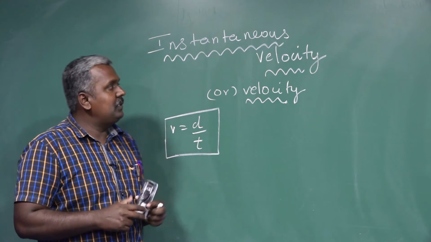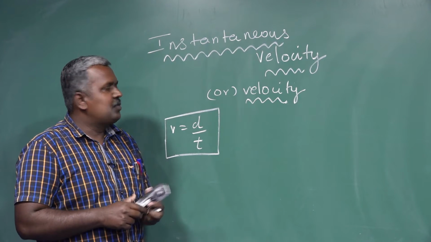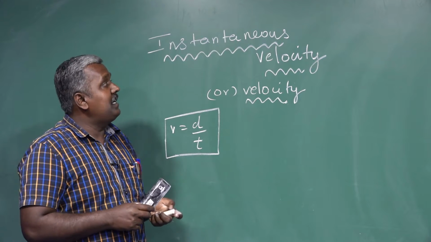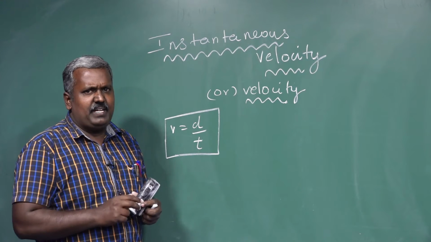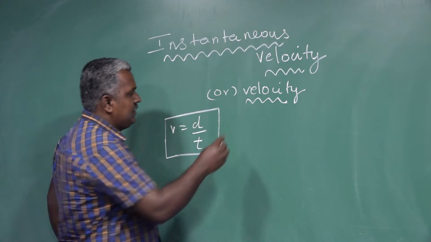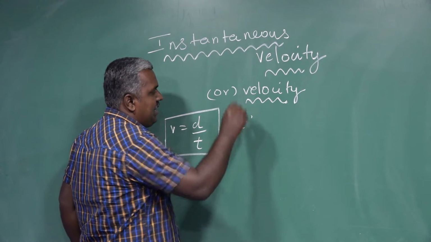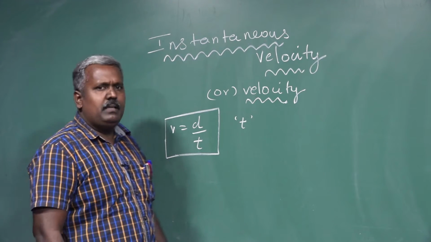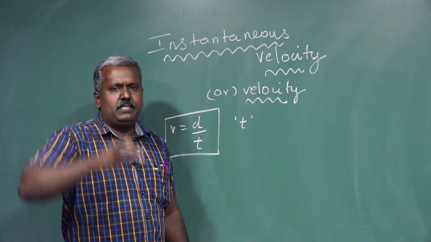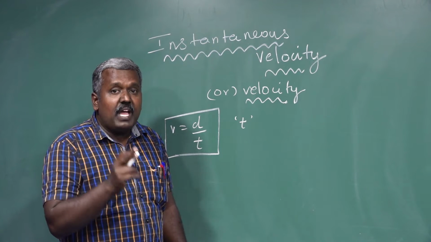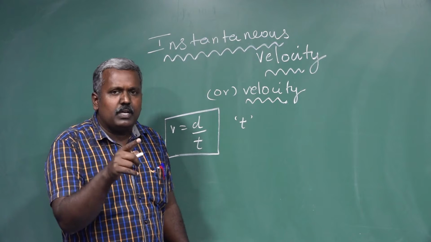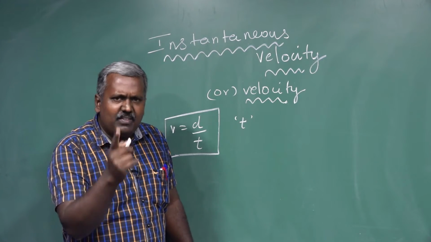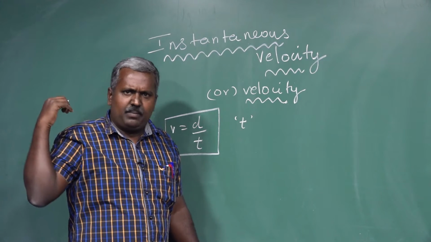Regarding 11th standard, instantaneous velocity at any instant t, or simply velocity, is defined as the limiting value of average velocity. Already you have studied average velocity in last class. I am correct or not?